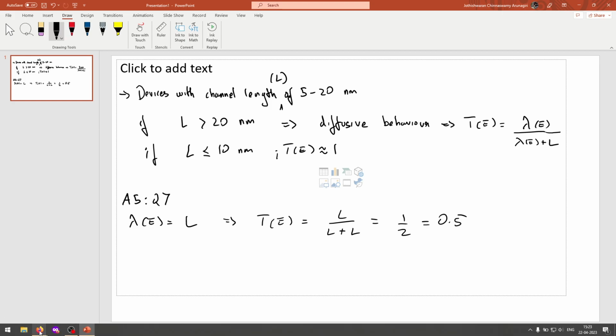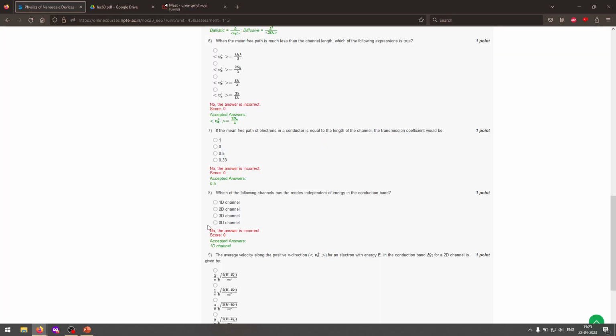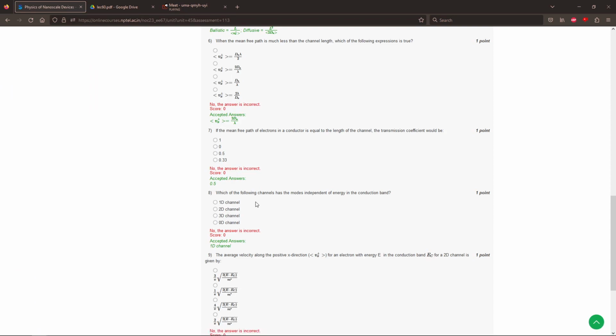Generally, you will have seen in the assignment as well, even in the exams, you will have questions that test the extent to which you remember these relations and the context in which to use them, rather than give you raw numerical questions.